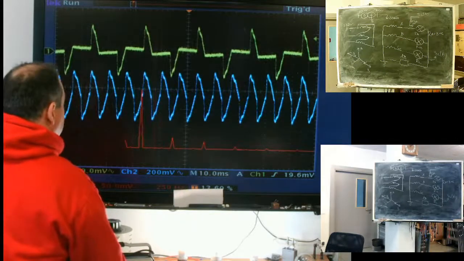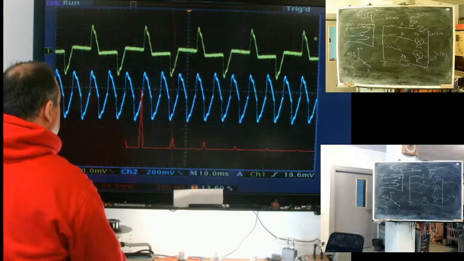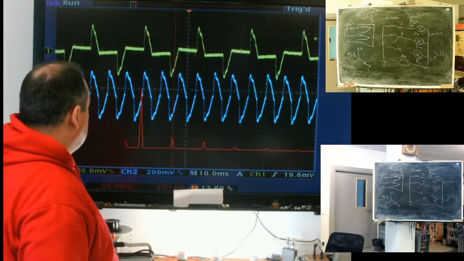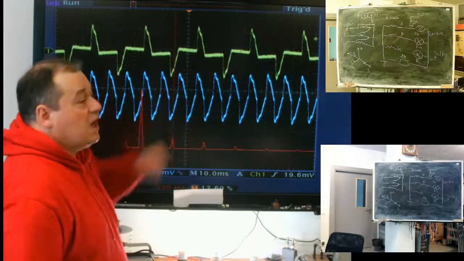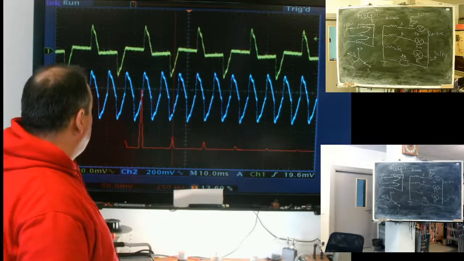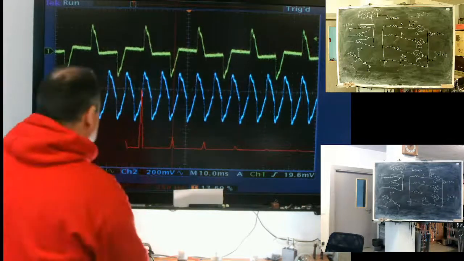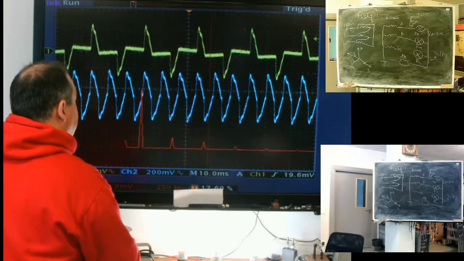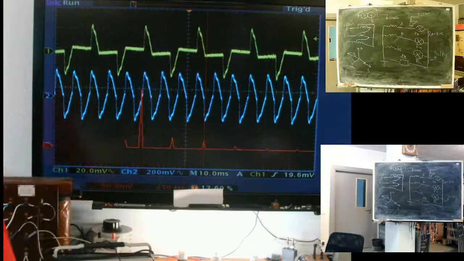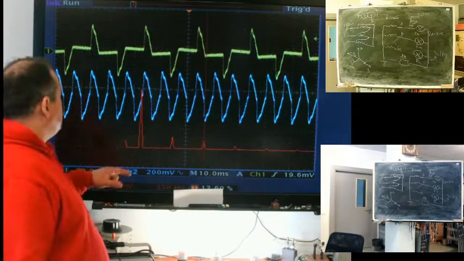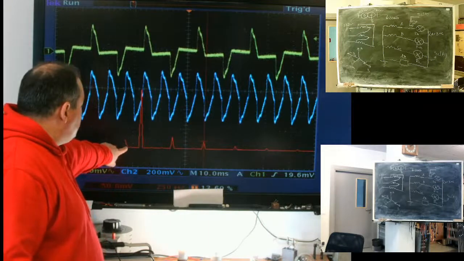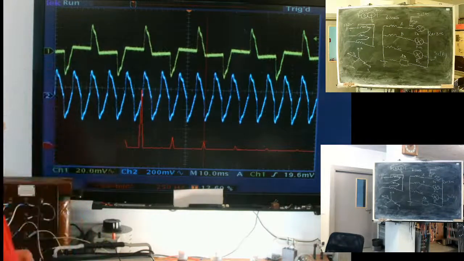Next one, 250. This one, 750. See what happened? Here was the first harmonic. They are a little bit different.